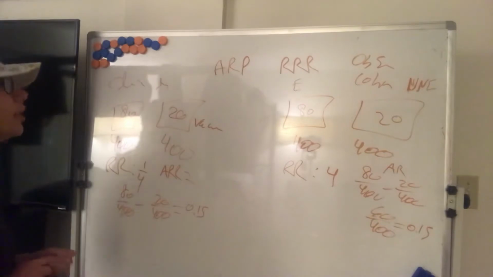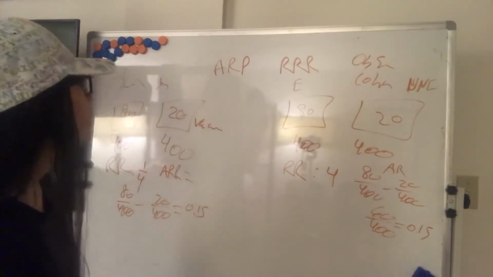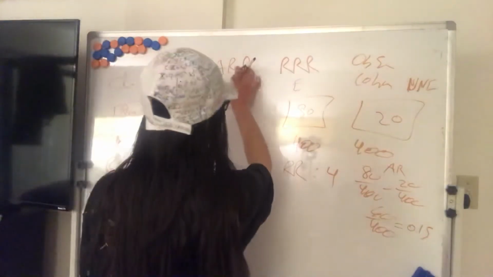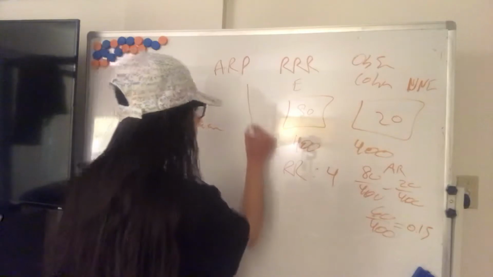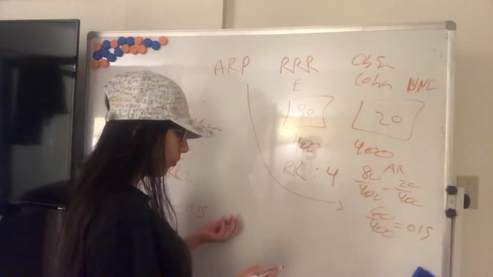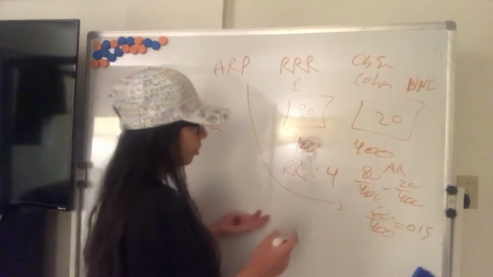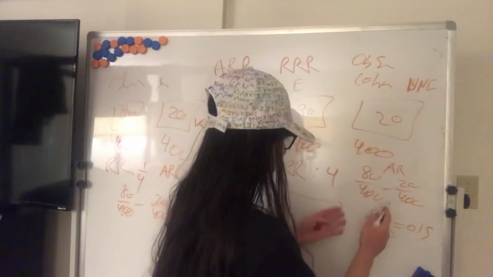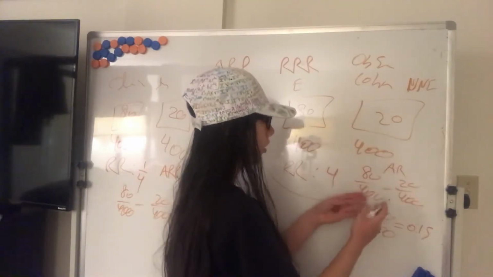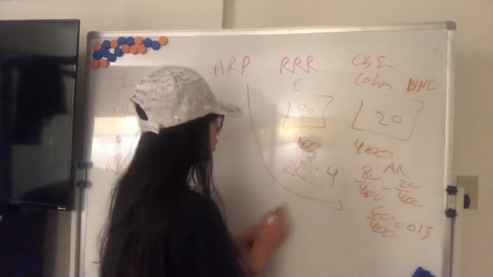All right, now let's see the relative risk reduction and the attributable risk percent. The attributable risk percent is the percent of attributable risk. The attributable risk is how much risk I could attribute to the exposition.